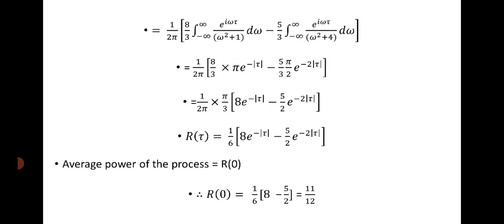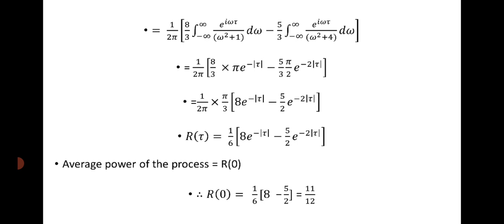Therefore, we'll get 1 by 2 pi into 8 by 3 integral minus infinity to infinity e power i omega tau divided by omega square plus 1 into d omega minus 5 by 3 integral minus infinity to infinity e power i omega tau divided by omega square plus 4 into d omega. Then substitute the formula: integral e power i omega tau divided by omega square plus x square.